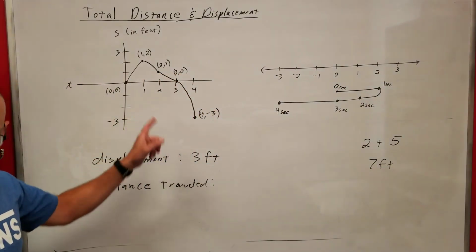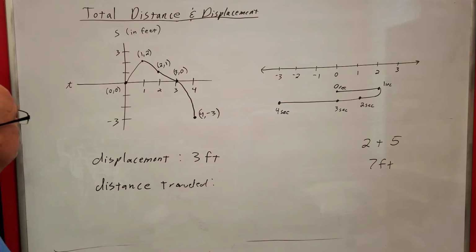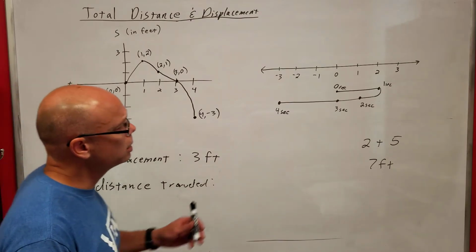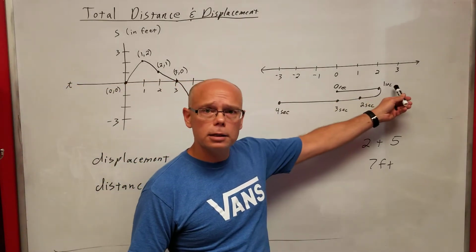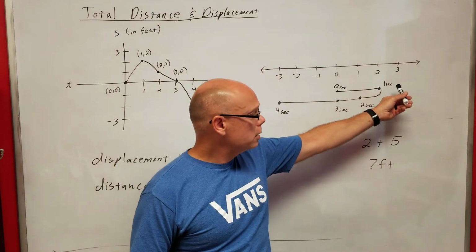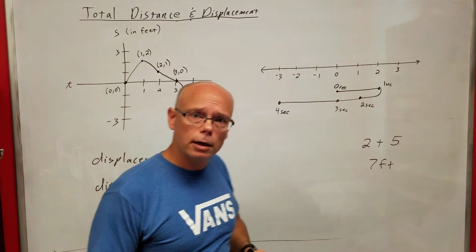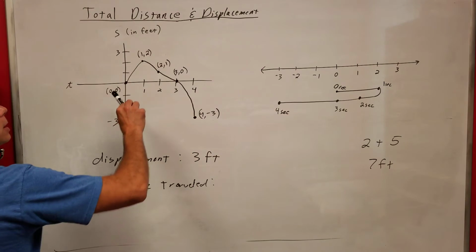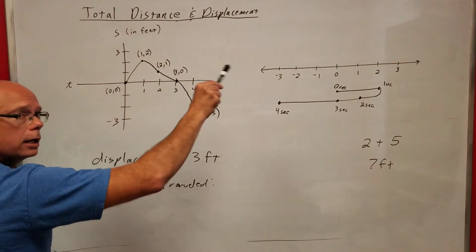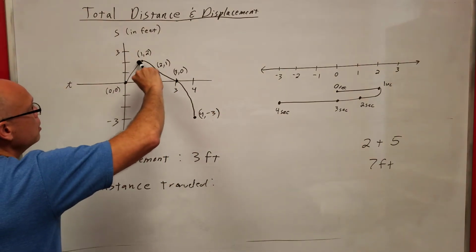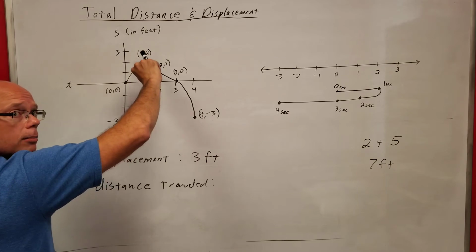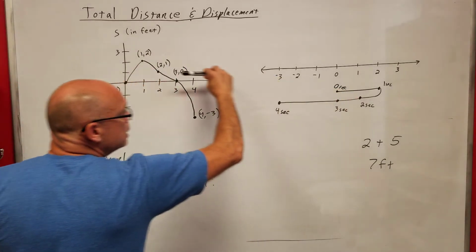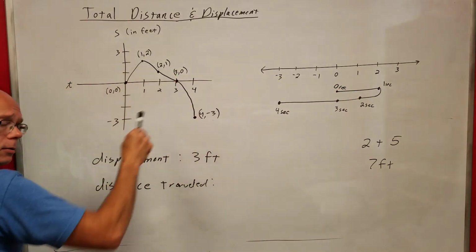Well, how do we find that whenever we're given this graph here? Here's what we're going to do. What did we do here? We looked at how far it traveled going right, then how far it traveled going left, right? Then we said if the particle is moving to the right, my position curve is going up. If my particle is moving to the left, my position curve is going down, right?